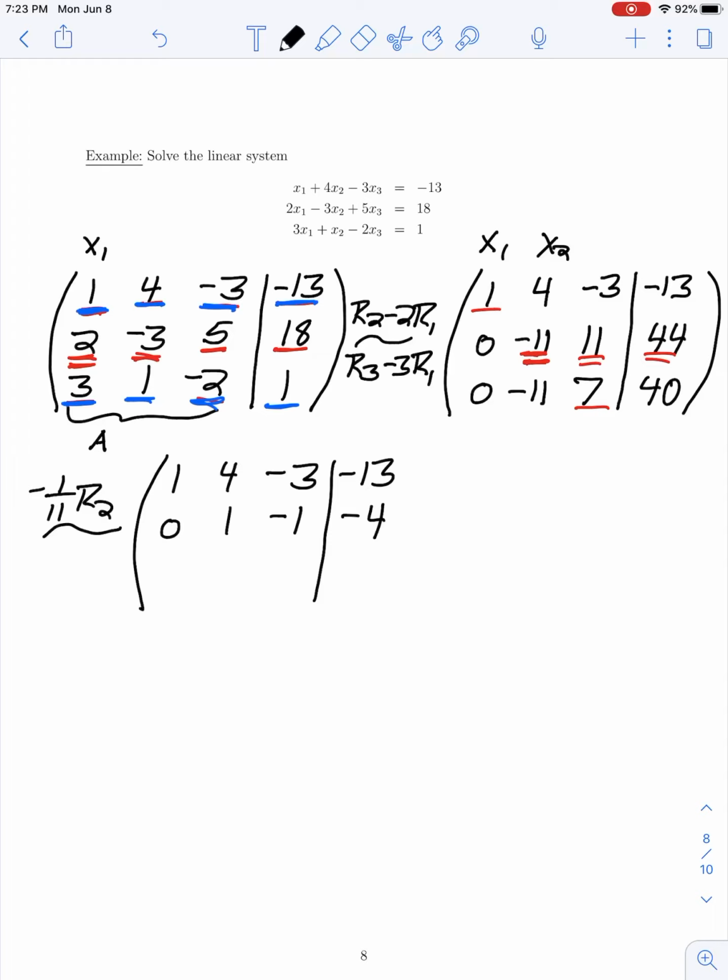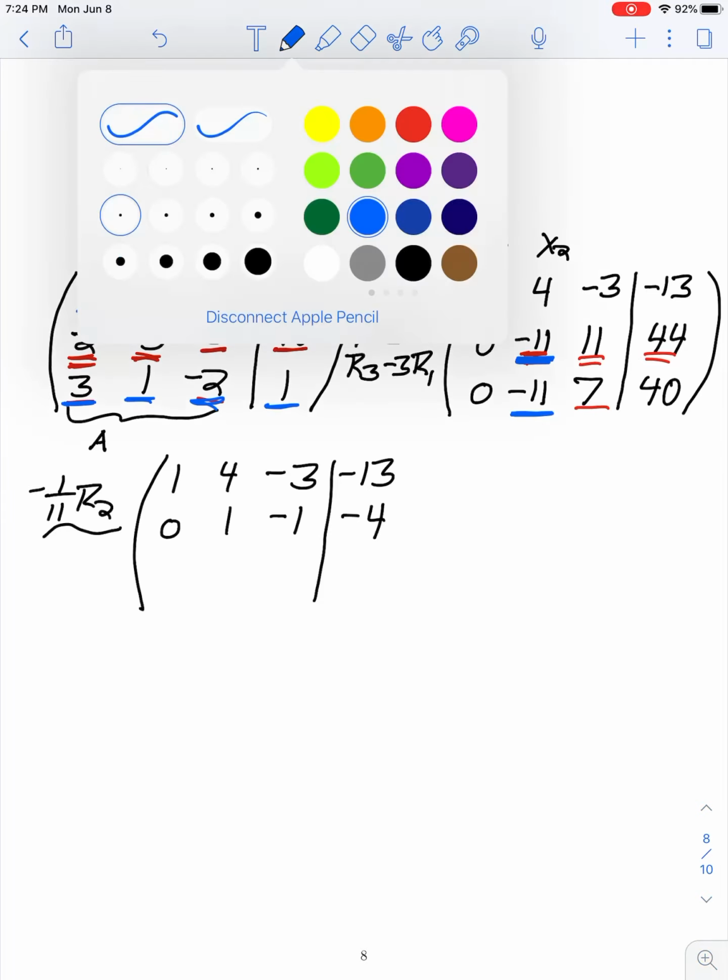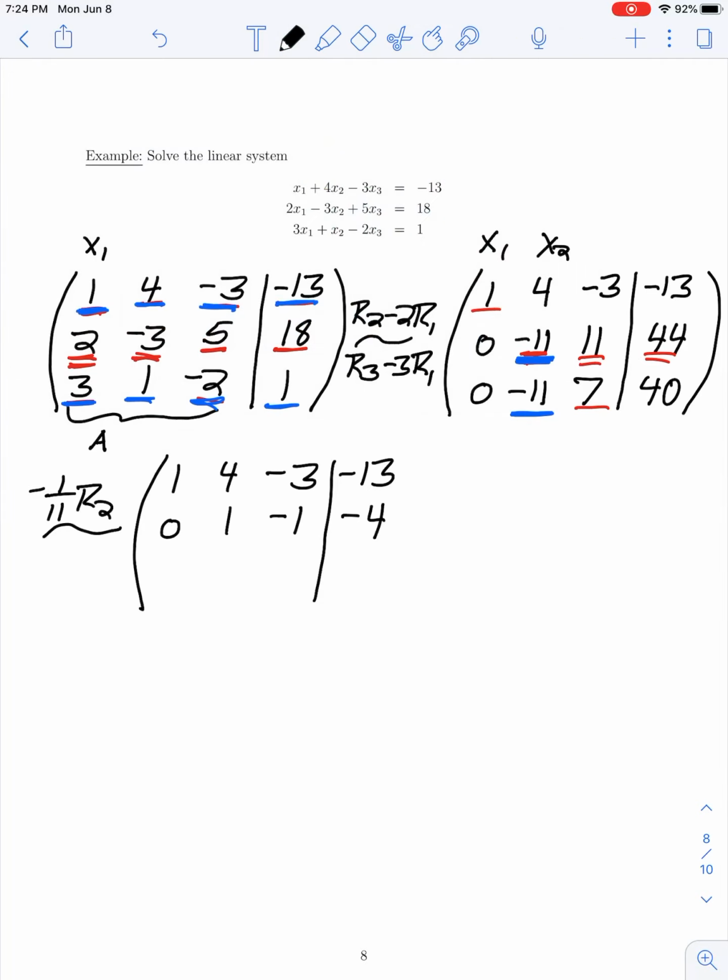Now, in this same step of the Gaussian elimination, I could keep simplifying. I know that ultimately I want this entry in the third row, which is currently a -11, to be 0. So one way to get a 0 there would be to take the second row that we had and subtract it from that third row. So the operation that I'm performing would be to take row 3 and subtract row 2 from it.